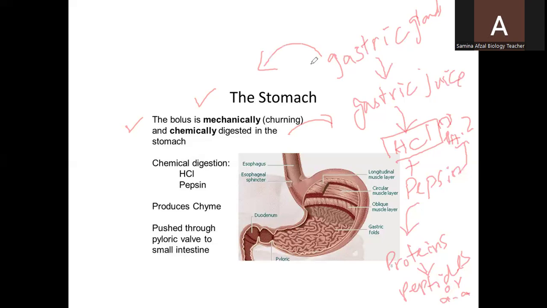And secondly, this HCl helps to kill the microorganisms or bacteria which enter with the food. So in this way, different types of mechanical and chemical digestion take place in the stomach.